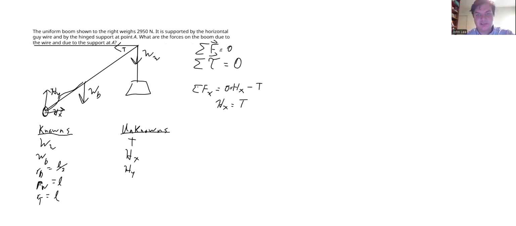The sum of all forces in y states that H_y minus weight of the boom minus weight of the weight is equal to 0.